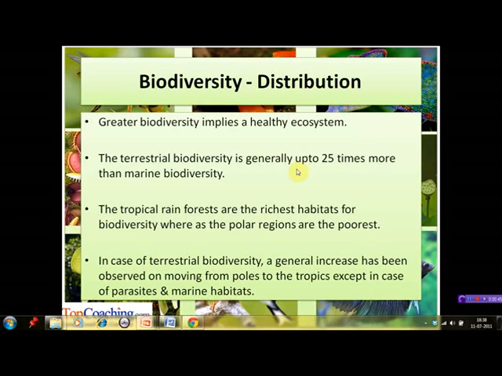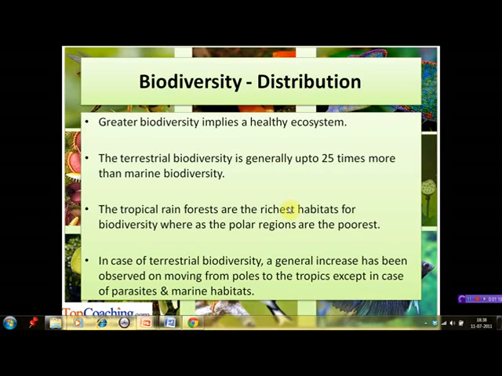Generally, the terrestrial biodiversity has been found to be up to 25 times more than marine biodiversity. Biodiversity is affected by many climatic factors such as the temperature, precipitation, altitude, soils, geography, and presence of other species. Therefore, it is not evenly distributed.